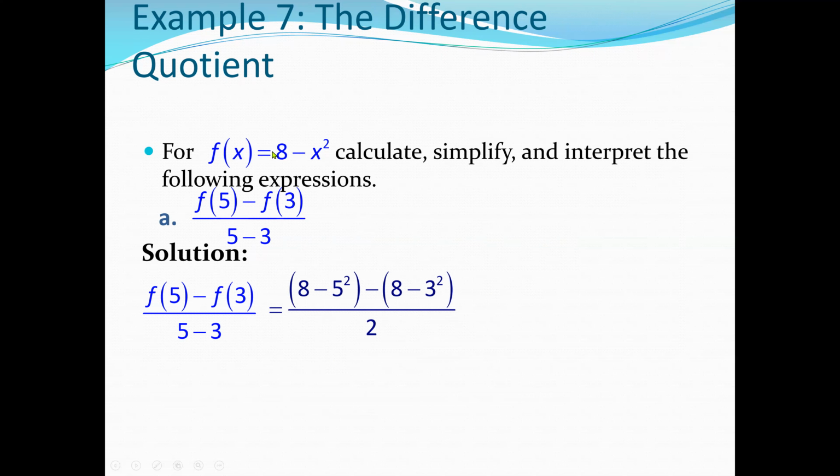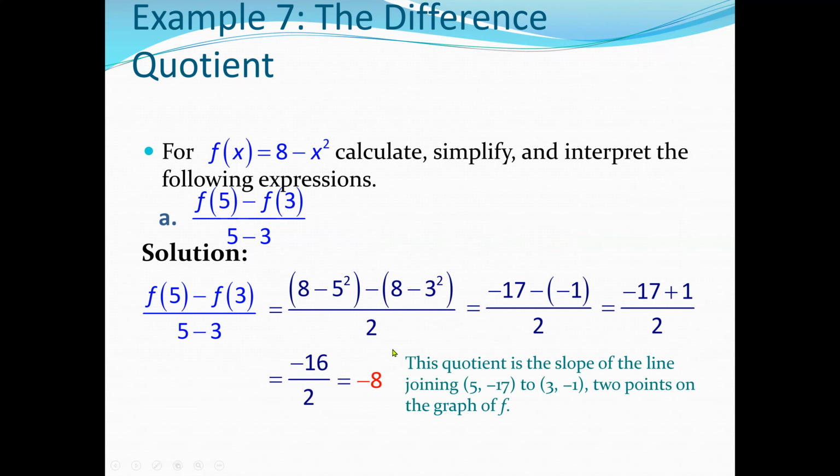So we get 8 minus 5 squared, minus 8 minus 3 squared, and 5 minus 3 is 2. So at the end, we're going to have negative 16 over 2, which will give us negative 8.